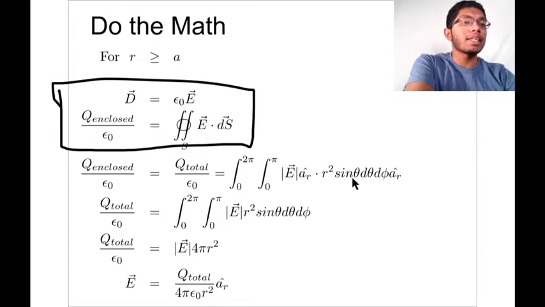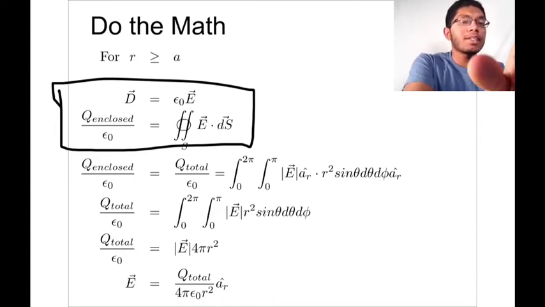And we know the dS element from our previous videos on Gauss's law. After plugging in all these values and taking this integral, we see that E is just Q total over 4 pi epsilon naught r squared, all in the a hat r direction. Does this remind you of anything? Quite similar to the point charge, isn't it?